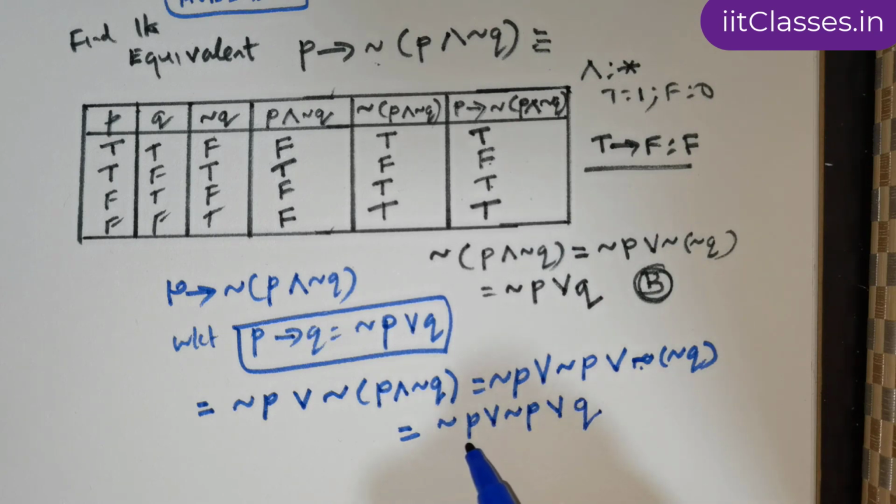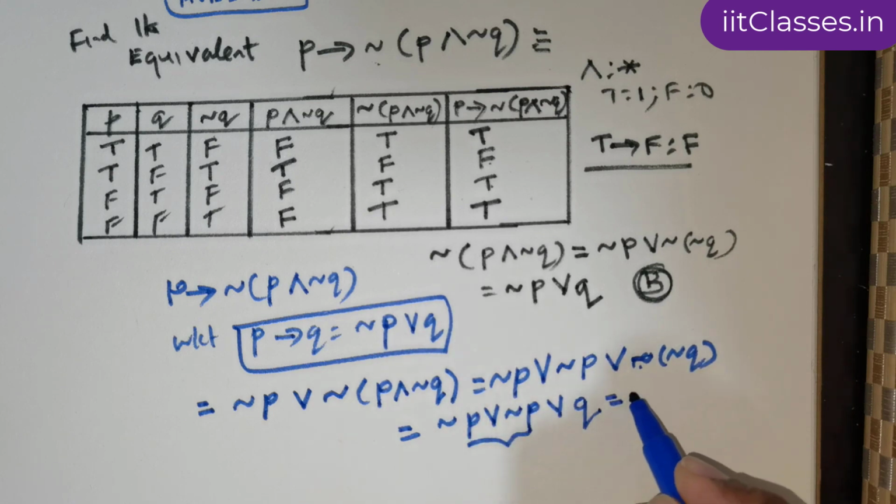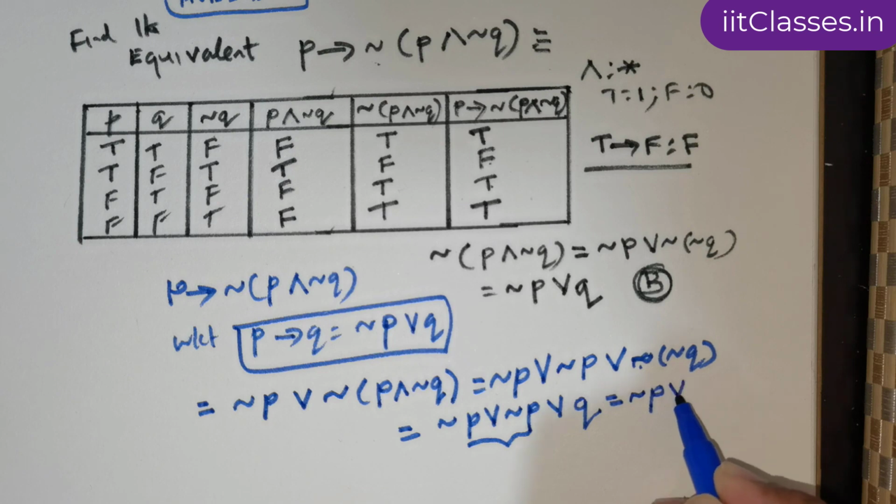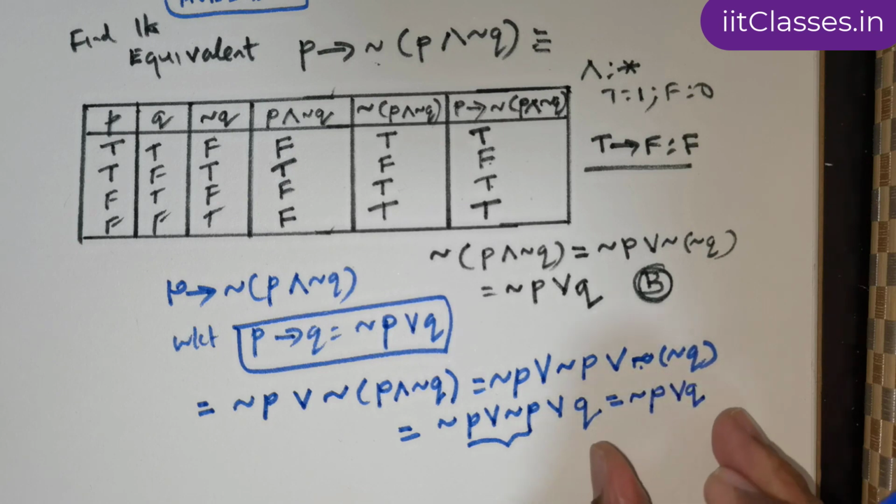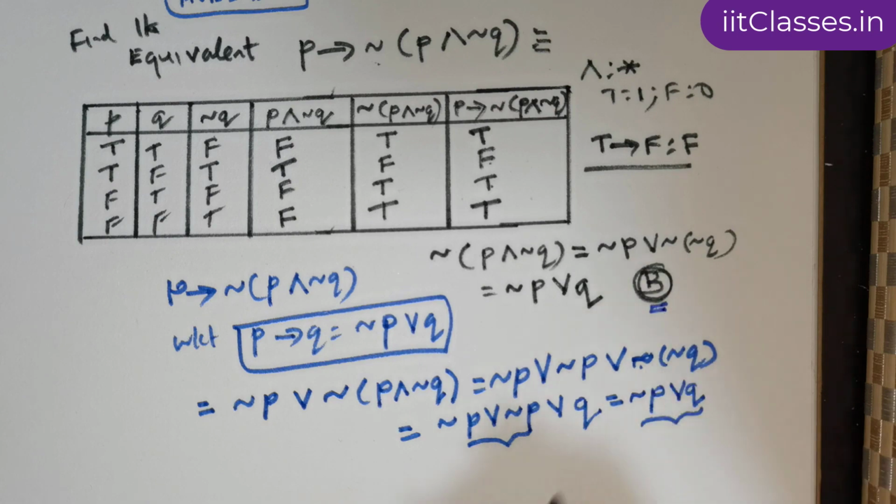Now if you were to club these two together, what is this? Negation of P union negation of P. That's going to be just negation of P followed by union of Q, and this is the choice that is featured in B.